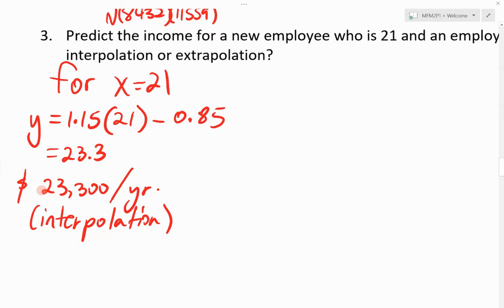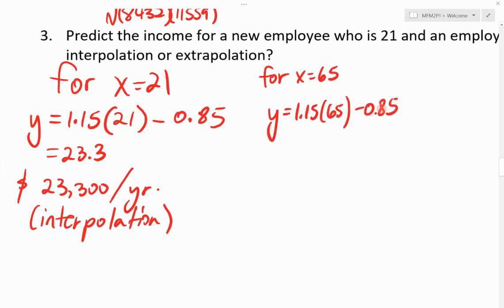So let's look at x equals 65. Plugging that into our formula, y equals 1.15 times 65 minus 0.85, and we get a value of 73.9. Or we could say this is $73,900 per year.